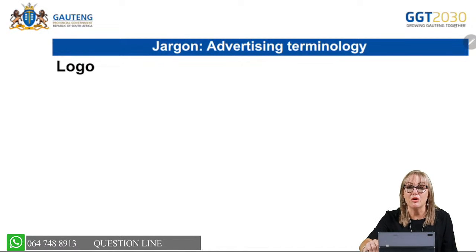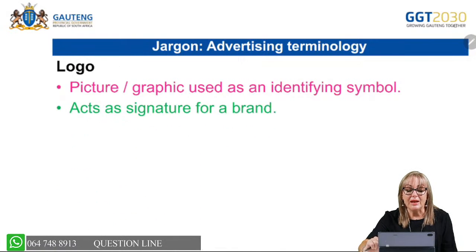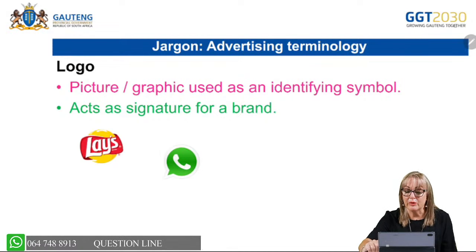There's first of all the logo. That is a picture or a graphic that's used as an identifying symbol. It acts as a signature for a brand. I want to show you a few of them. There's a picture of chips. That one we all know is the WhatsApp logo.